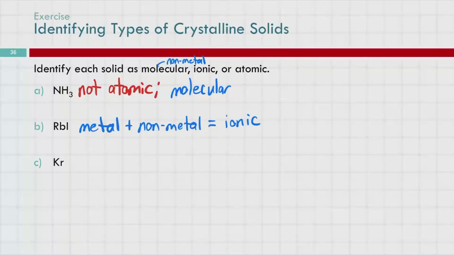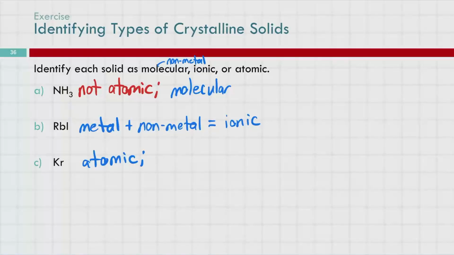And then last, we've got Kr. That's not Korea, that's krypton. What kind of thing is krypton? It's atomic, because it's just one symbol. So it's atomic, and then what kind of atomic crystalline solid is it?